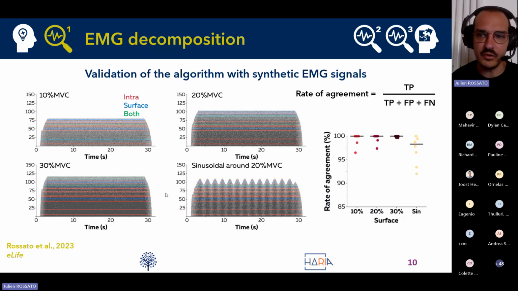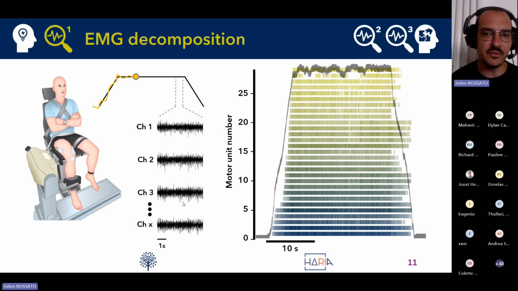To measure the performance, we calculate the rate of agreement, which is the number of true positives divided by the sum of true positives, false positives, and false negatives. As you can see here, we had a very good result with a rate of agreement of 99% on average. With experimental signals now, we obtain the activity of several dozen motor units among those that are active.